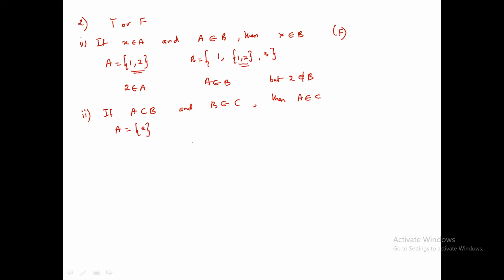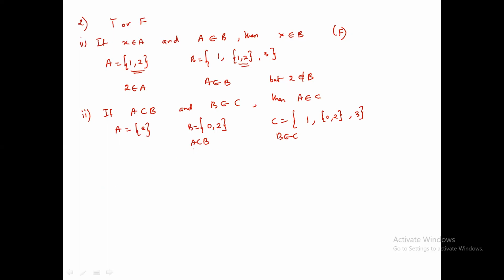Now, because A is a subset of B, I have to take B in such a way that 2 should be there in B. Like this. And now, because B belongs to C, when I write C, this {0, 2} must be one element in C. Apart from that, if I want, I will take 1, 3 like this.